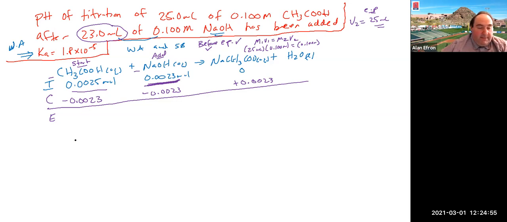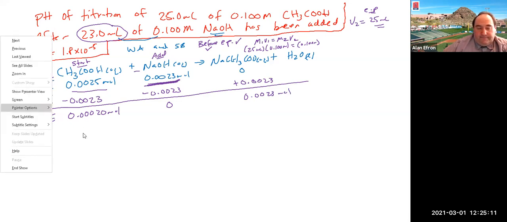That's a lot of zeros there, but 0.0020 moles, nothing on that guy, and 0.0023 moles. Any questions on the ice table so far? Okay.